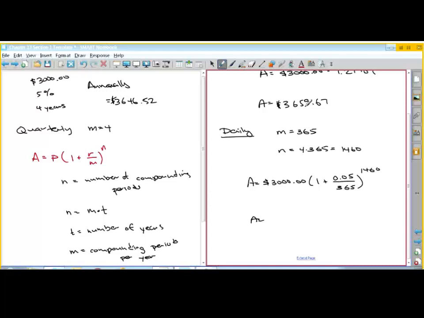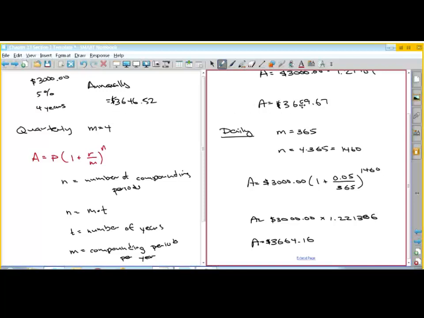You raise that to the 1460th power, and the multiplying factor is 1.221386. And I'm carrying out a lot of decimal places because I want to make sure I have enough so I can get to the cents. So multiply by 3,000, and I get $3,664.16. Again, it's a little bit more. It's now $5 approximately.